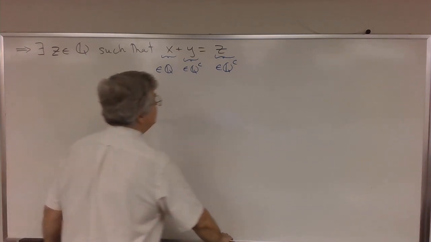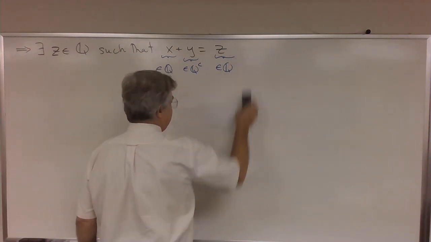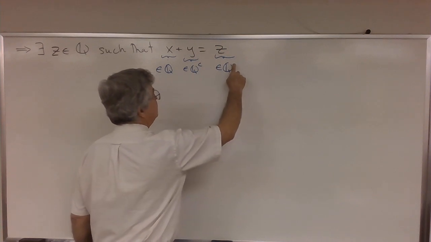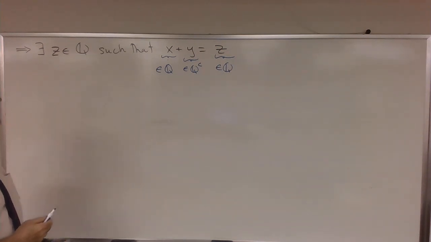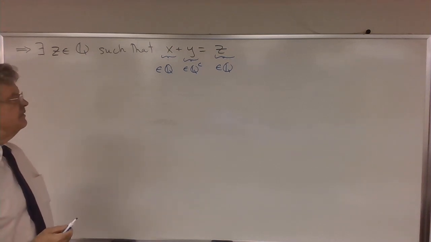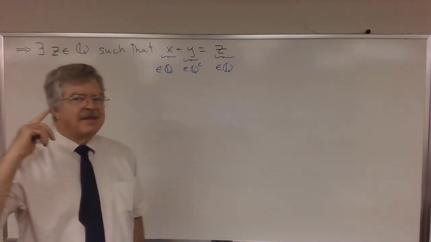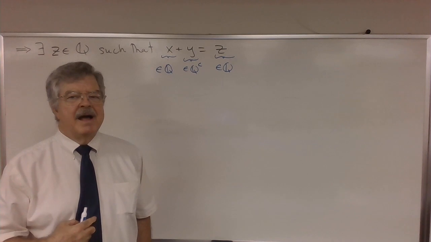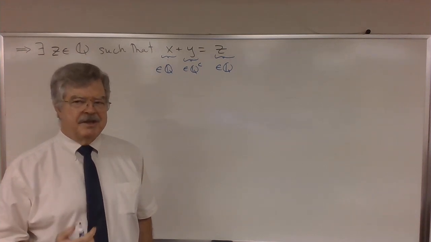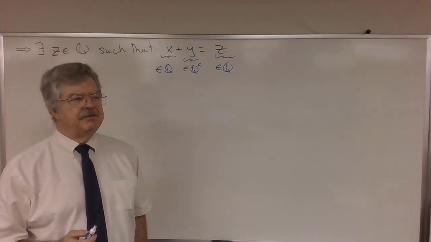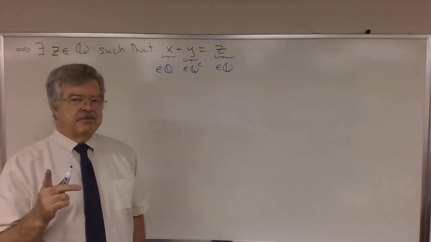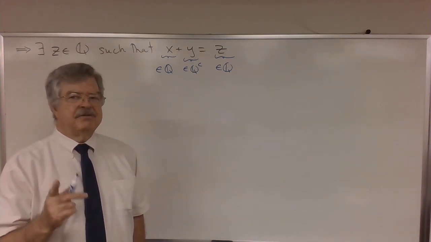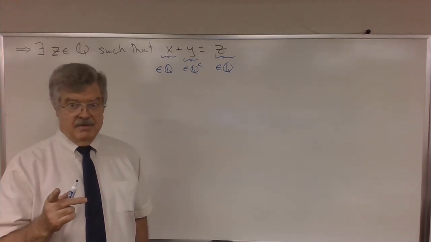Z is a member of the rationals. Z is a rational number. And now all of a sudden, the wheels are turning. I can pretty much see how this is supposed to go. And remember, with a contradiction proof, we want something to go horribly wrong.